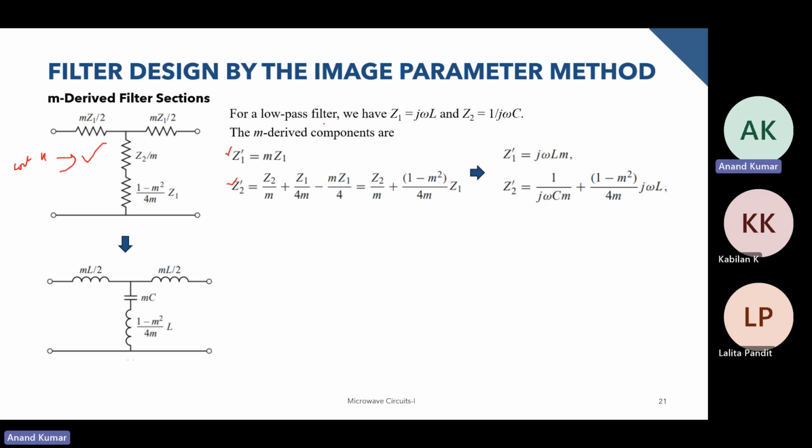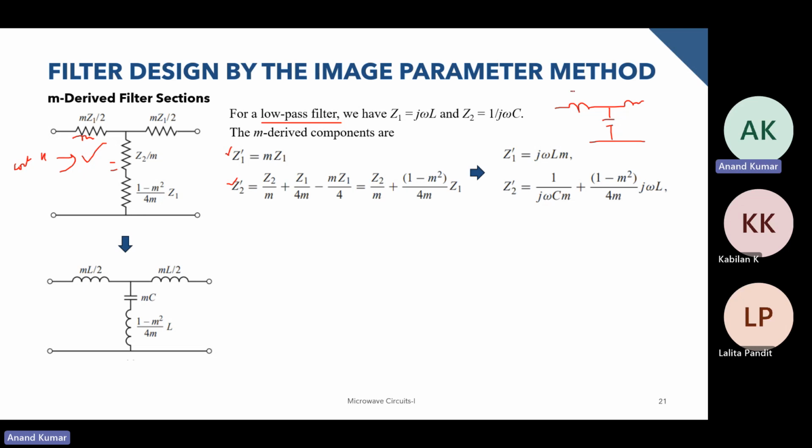And for a low pass filter, we have seen that we have inductors over here and capacitors over here. So if you recall, we had inductor and this capacitor over here.